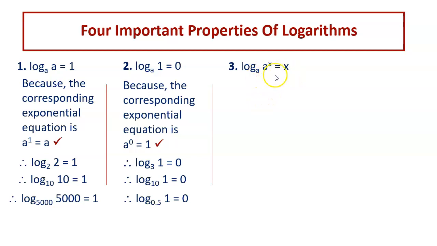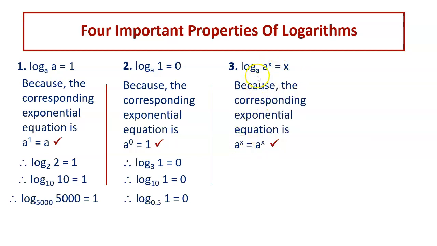So it will be e raised to the power of x equal to e to the power of x. You see, e raised to the power of x equal to e to the power of x. And of course, it is a valid equation. So therefore, log of e to the power of x to the base e equal to x.